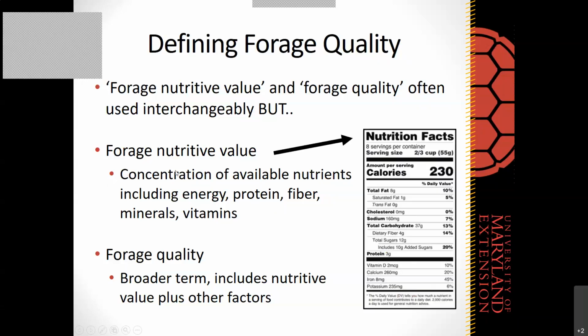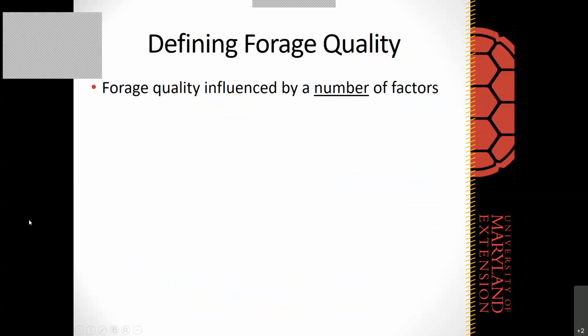I like to think of forage nutritive value as the nutrition label that you see on a lot of our human foods. It tells us exactly what ingredients and what nutrients are present in that food. Forage quality can be influenced by a number of different factors. We have things like palatability.